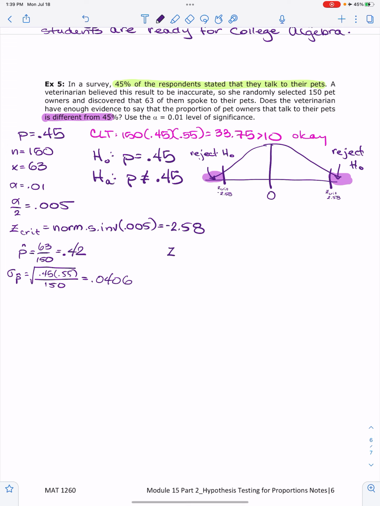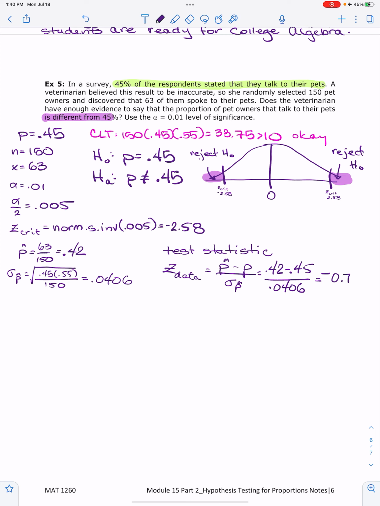So my test statistic, let me label that, which is Z data, is 0.42 minus 0.45 all over 0.0406. I get a negative 0.739. Let's think about where that would live, somewhere up here.